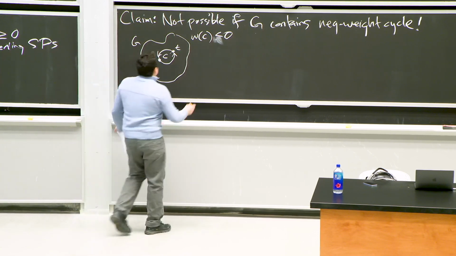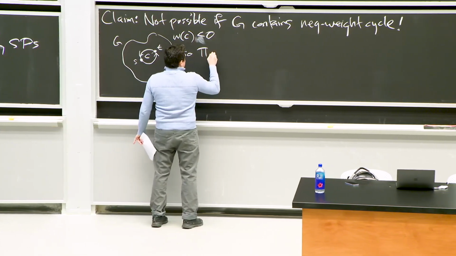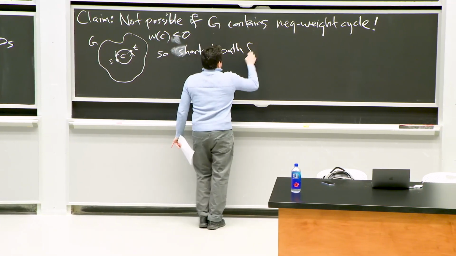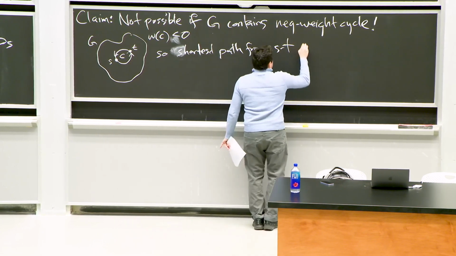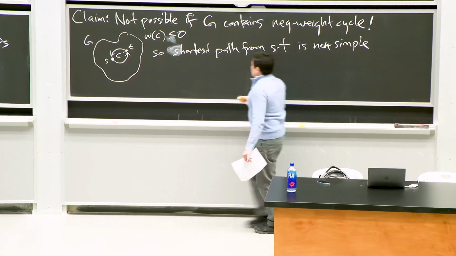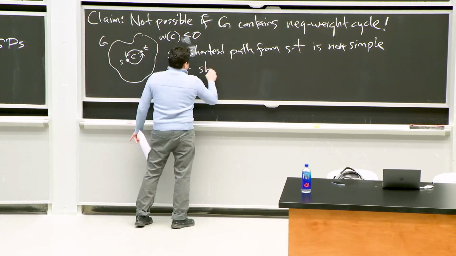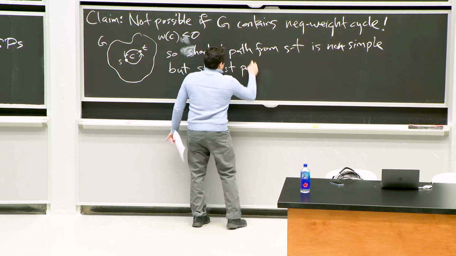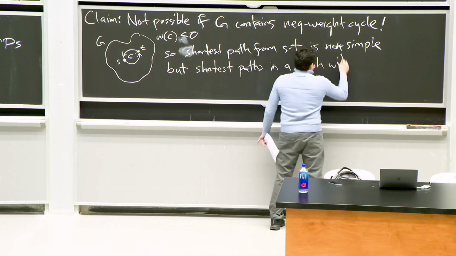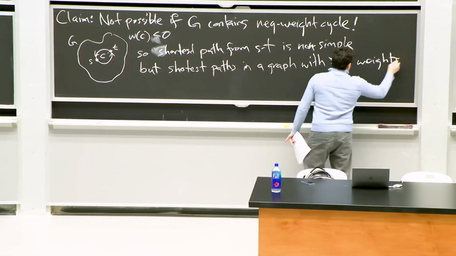However, as we proved in the last lecture, shortest paths in a graph with non-negative weights are what?